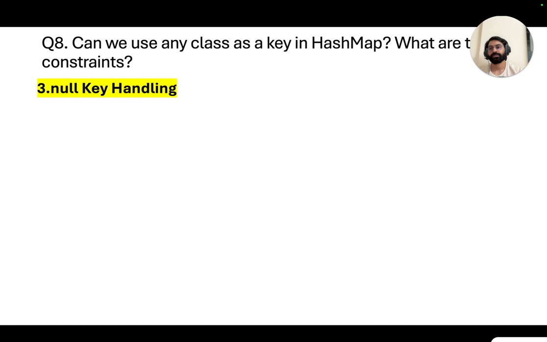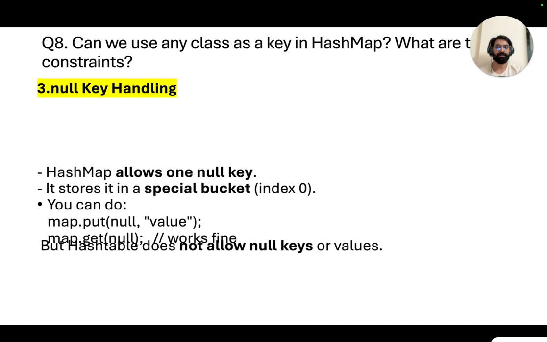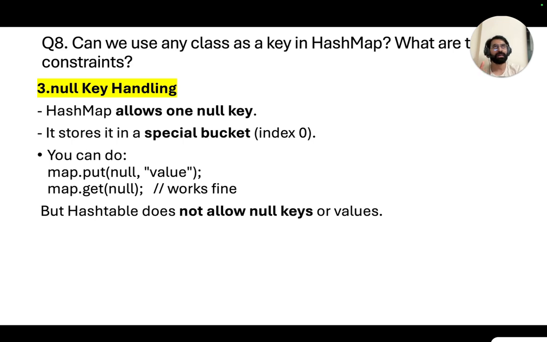Okay. So the third is null key handling. HashMap allows one null as a key. It stores it in a special bucket with index 0. You can do it like map.put(null, value), and map.get(null), and it works fine, right? Because Hashtable does not allow a null key or value.